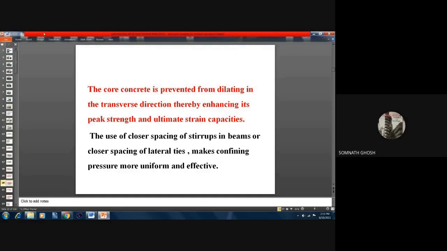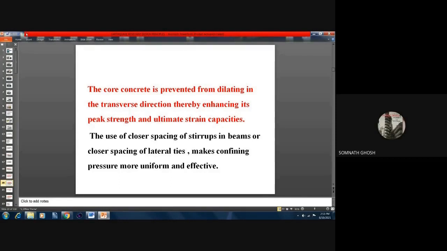The core concrete is prevented from dilating in the transverse direction, thereby enhancing the peak strength and ultimate strength capacity. You have to prevent the core concrete from dilating.